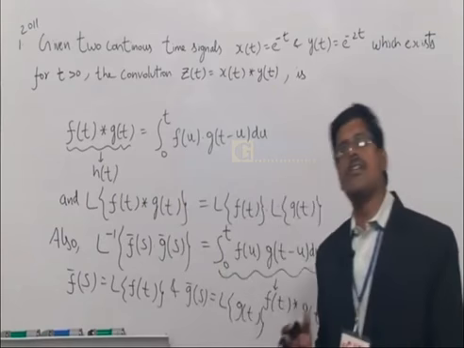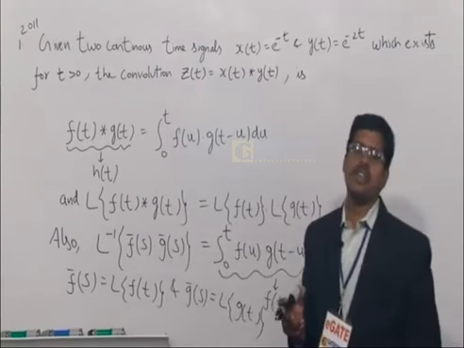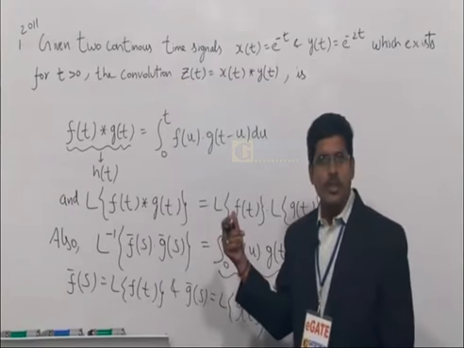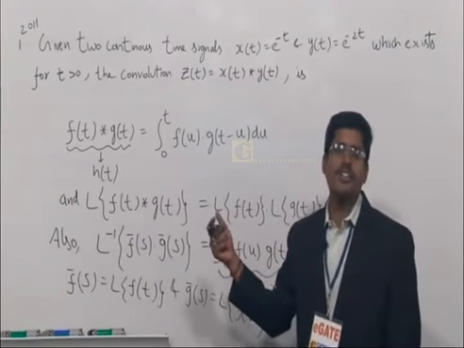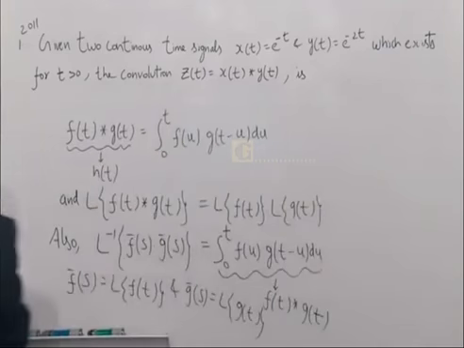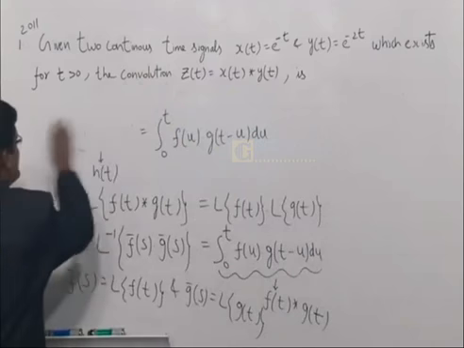Now just observe the given three functions x of t, y of t, and the convolution of these two denoted by z of t, but we already denoted them in the consecutive order f of t, g of t, h of t. Just observe this notation. Only the notation changes. Everything is the same.